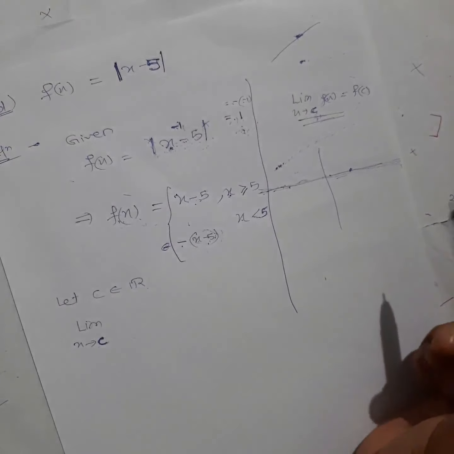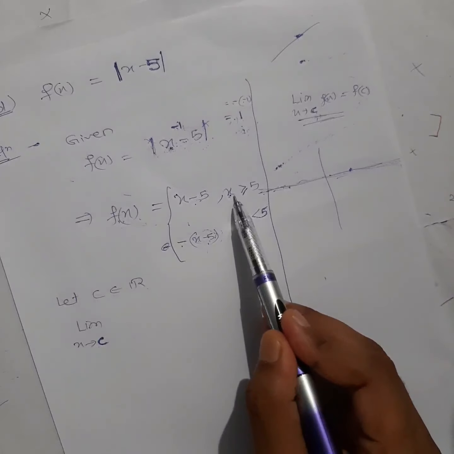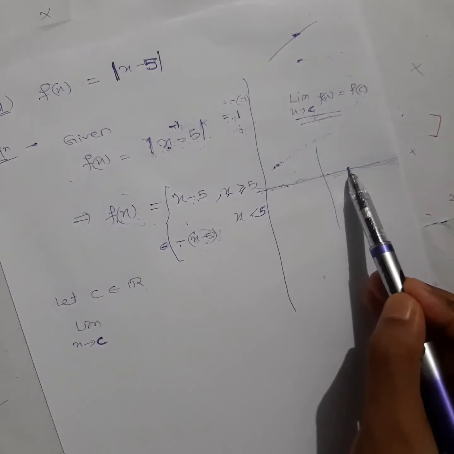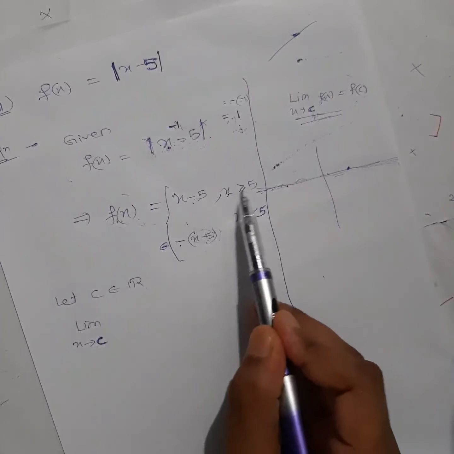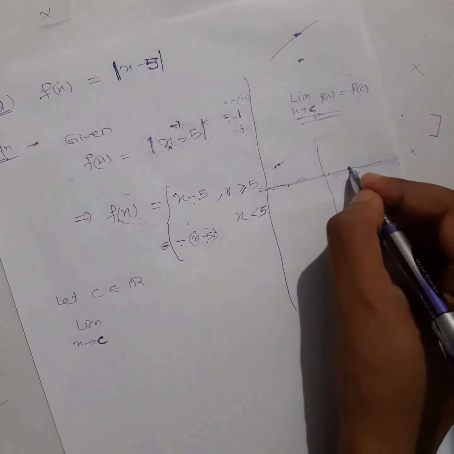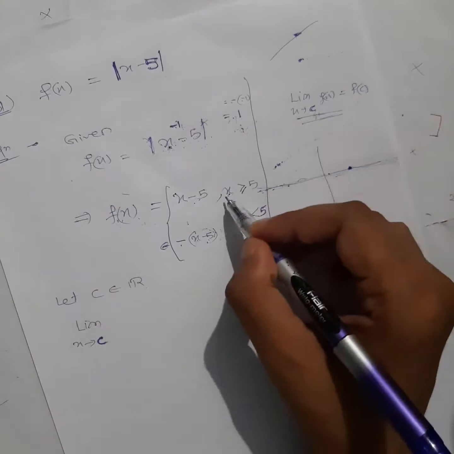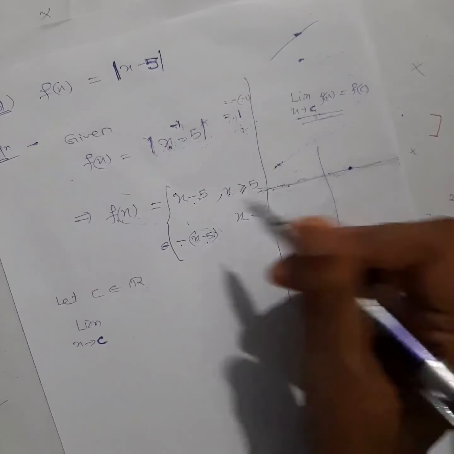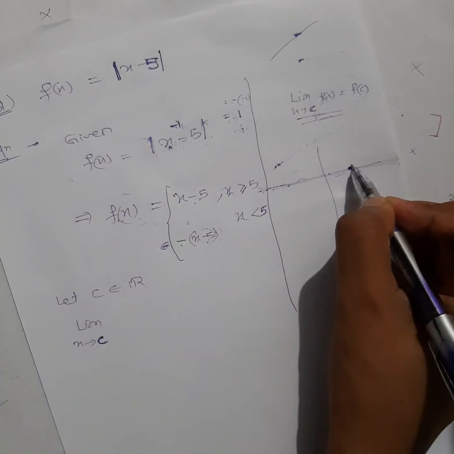Now see, if you look at the function carefully, if I take x greater than or equal to 5, what will your y value be? If I take x equal to 5, your y value will be 0. Means here only, this is the point. For the next point, just after that, if you take 5.0001, suppose, then y you will get 0.0001, something like that.